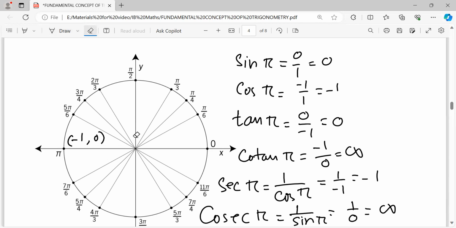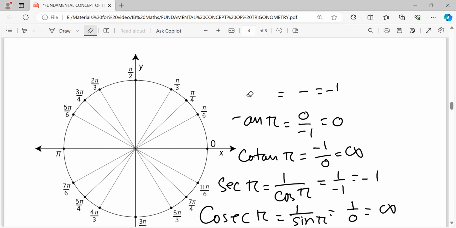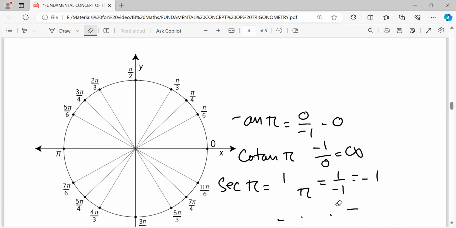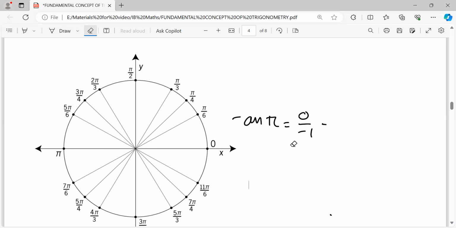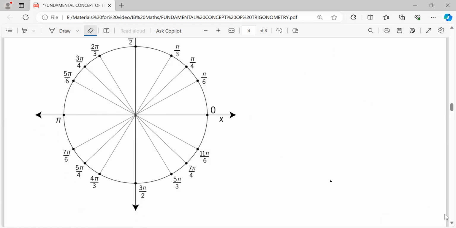We're going to move to 7 pi over 6, but still in this space, so I'm going to clean first. Now 7 pi over 6.